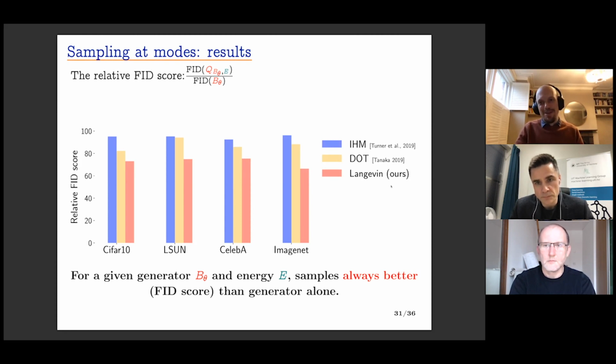Yeah, absolutely. The energy function has to work in pairs with the generator on which it was trained. And I could for sure find an adversarial generator which would place samples where my energy function is terrible. That would just break it completely for sure.